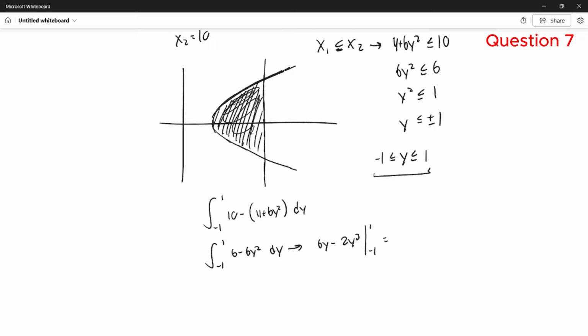That would be 6 times 1 minus 2 times 1, minus 6 times negative 1, minus 2 times negative 1. Yeah, and that would be 4 minus negative 4, which in this case would be 8. So that would be the solution to this problem. The area between these two curves is 8.